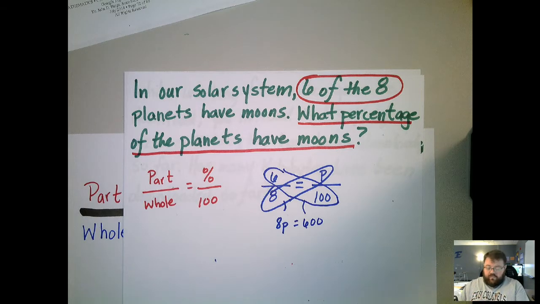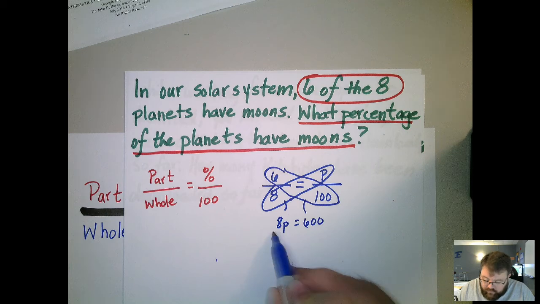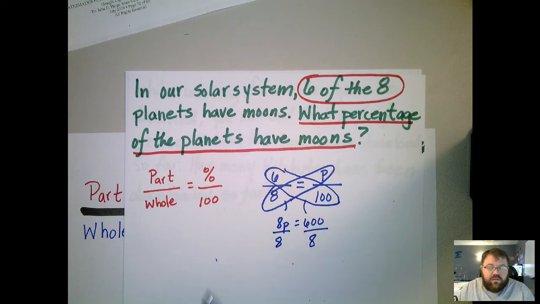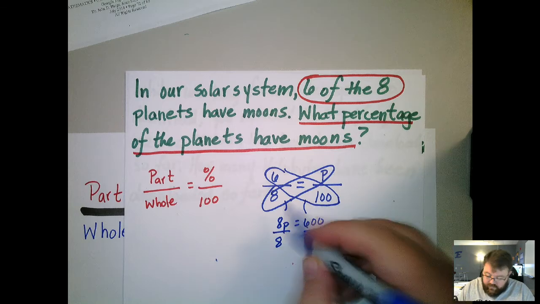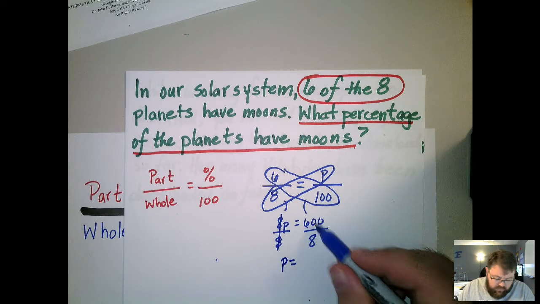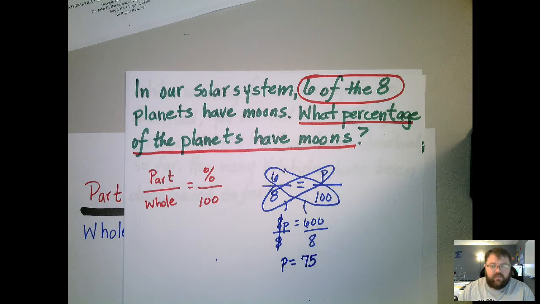From here, you need to get P by itself, so we are going to divide both sides by 8. This is like a one-step equation that you learned in 6th grade. 8 divided by 8 is 1, so we would say these cancel. Leaves you P equals 600 divided by 8, which is 75.